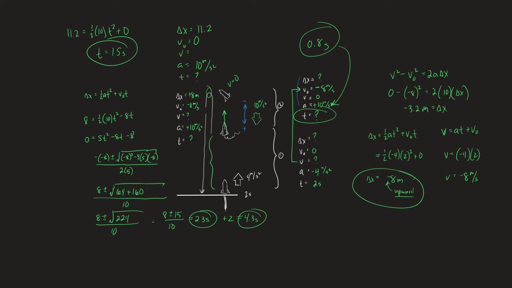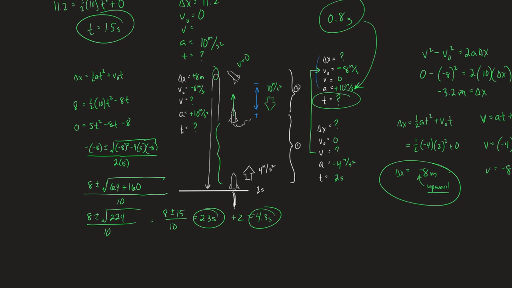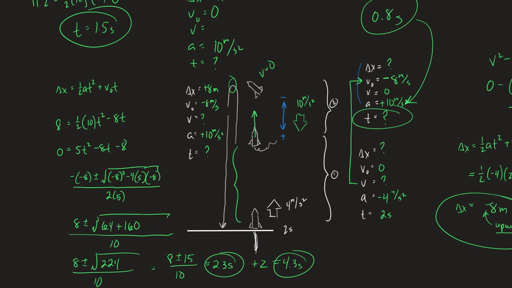So it's tough. I chose to use this state of the problem where it's moving upwards with an initial velocity, the displacement from there to the ground, and the acceleration that was acting during that entire time, which was the same acceleration for the duration of that time.